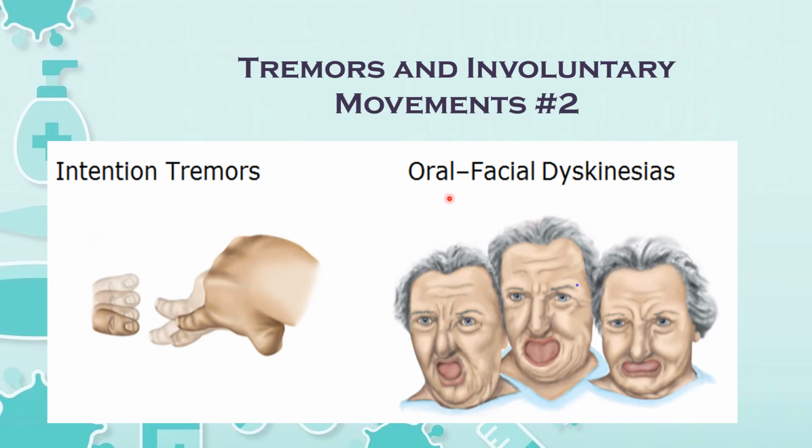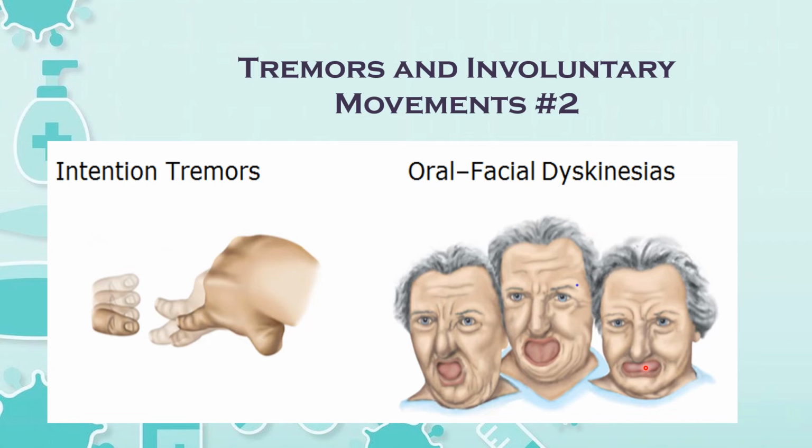involuntary movement here, we have the oral facial dyskinesias. Okay, these are rhythmic, repetitive, bizarre movements that chiefly involve the face, the mouth, the jaw, and the tongue. So grimacing, pursing of the lips, protrusions of the tongue, and opening and closing of the mouth and deviation of the jaw.